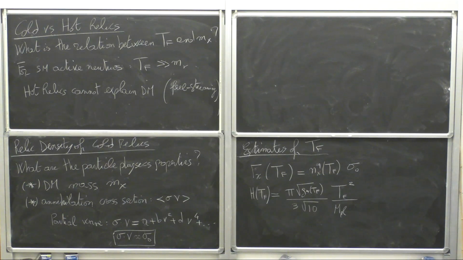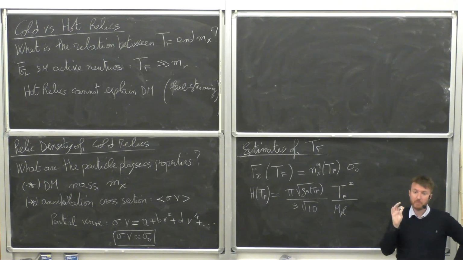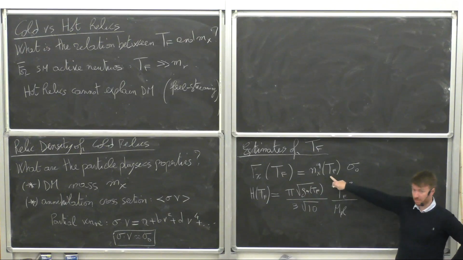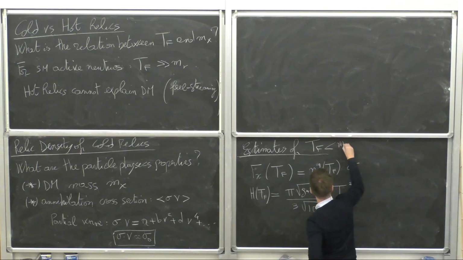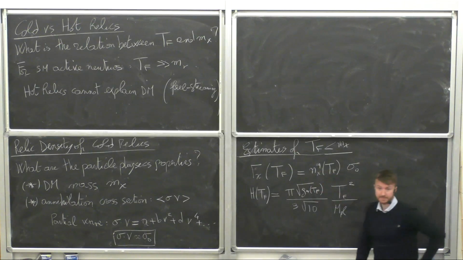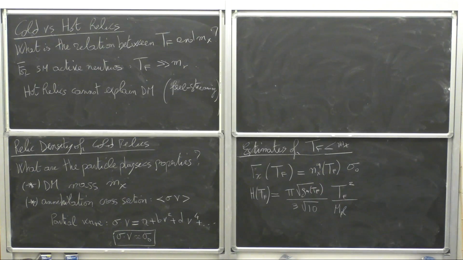That's the last moment when I'm allowed to use this. And the number density of a particle with temperature less than the mass, remember, TF is less than m chi, is something we haven't seen yet.